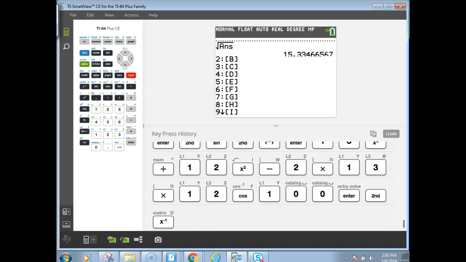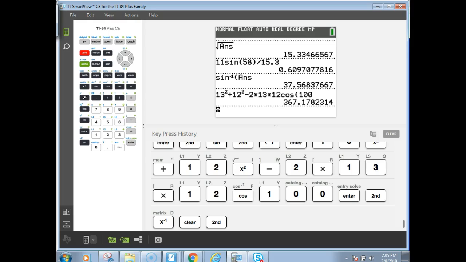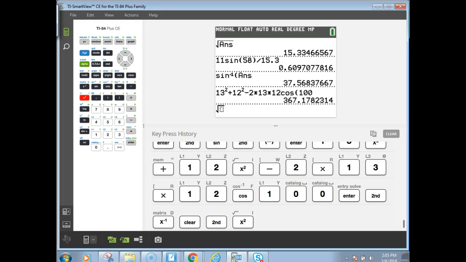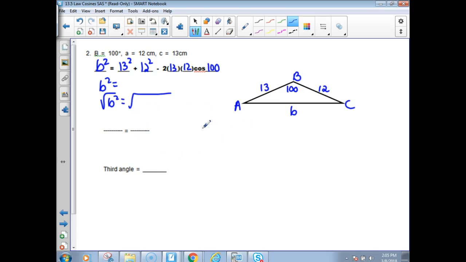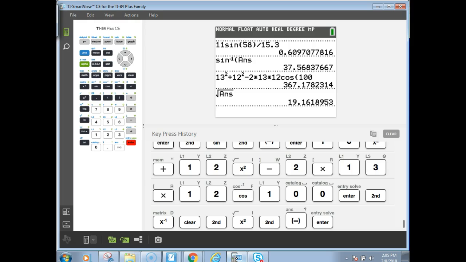Oops, I hit the wrong button. Second, square root of that answer. That would be 19.2. Do you care that I'm not writing down this number right here? I mean, I can do that if anybody's confused. 367.178.